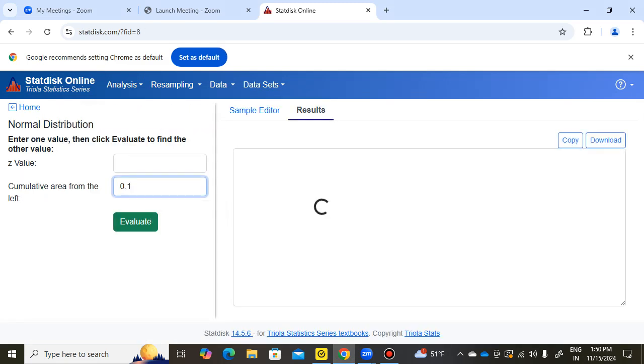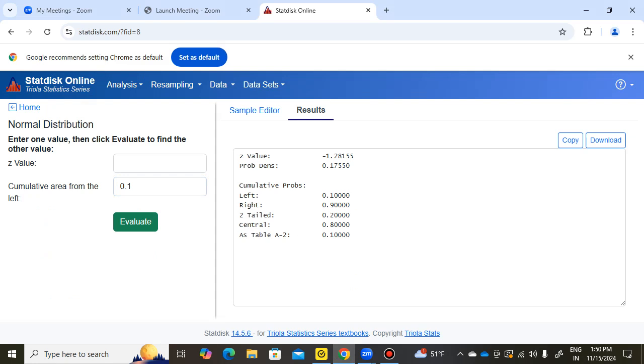For 0.1, we get a z-score of negative 1.28. 0.3 will be negative 0.52. 0.5 is 0. 0.7 is 0.52, and 0.9 is 1.28.